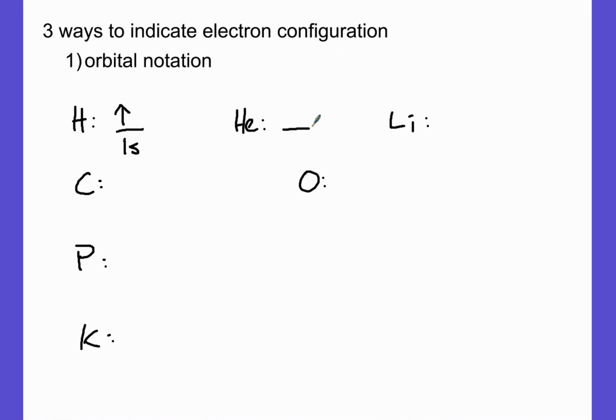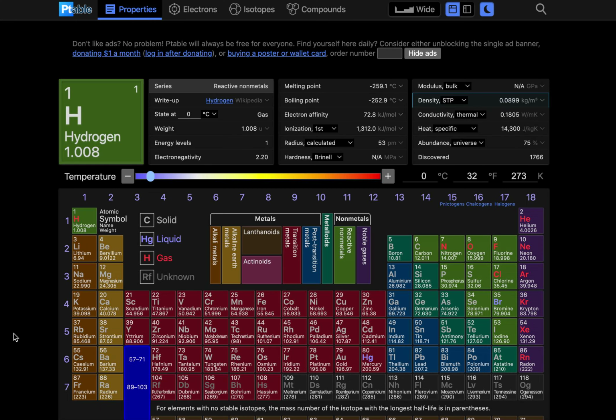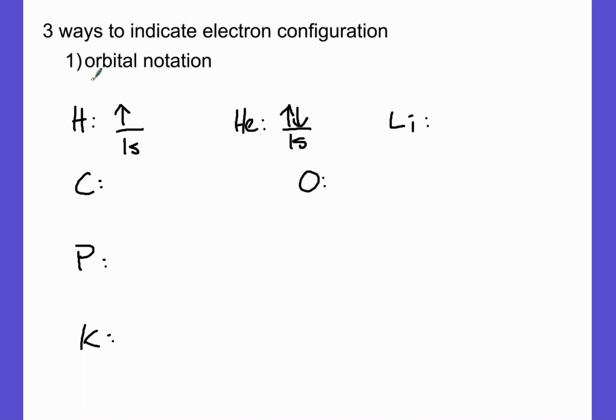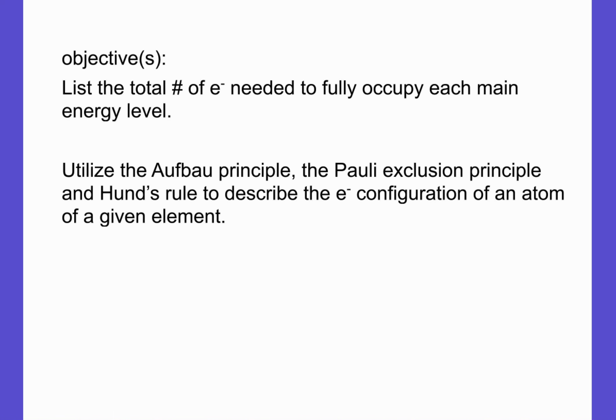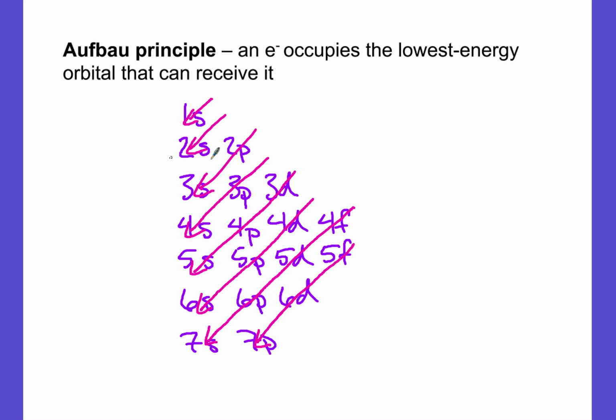Helium's also simple because it's also in the first energy level, so there's only the 1s orbital to fill, and helium has 2 electrons, you just put 2 in there. Lithium is in my next row on my periodic table, and row 2 is my second energy level, and according to Aufbau principle, right after 1s I go to 2s.